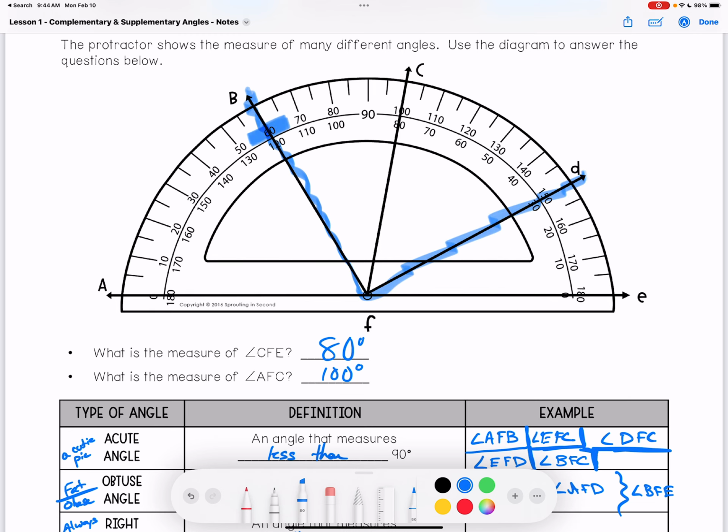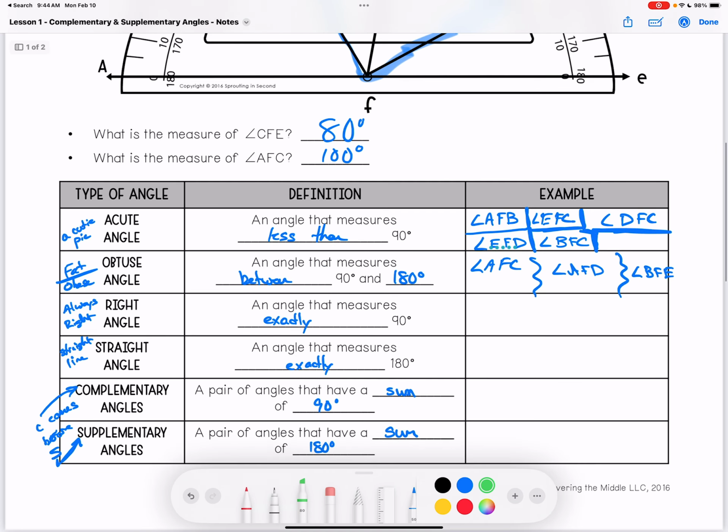Look, 150 minus 60. Or you could have did 120 minus 30. But either way, it's 90. Okay? So DFB. Again, you could have wrote BFD. Either one of those.